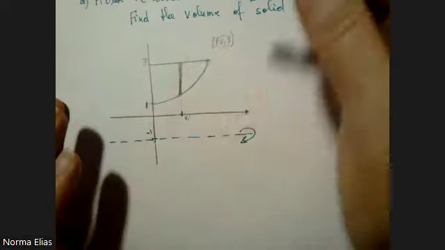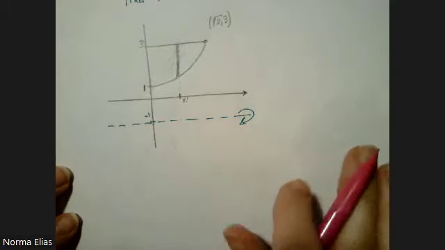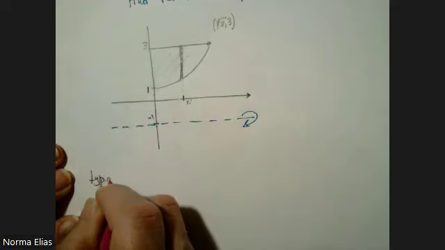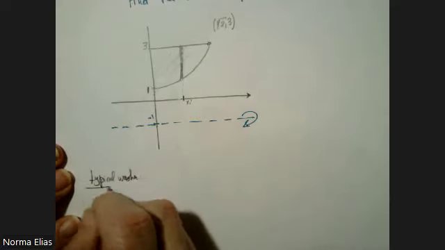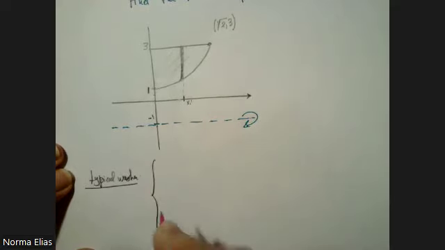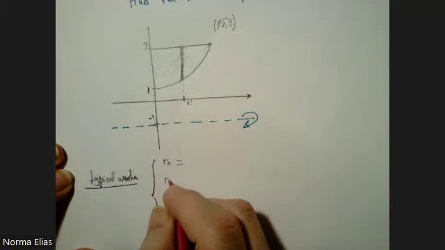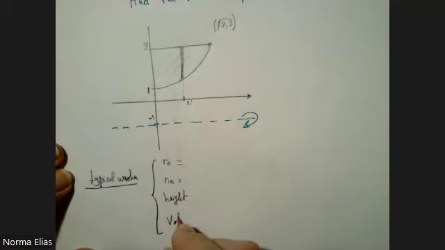So now let us find everything. Question number 1 is a typical washer. What's the outer? What's the inner? What's the height? And finally, the volume.